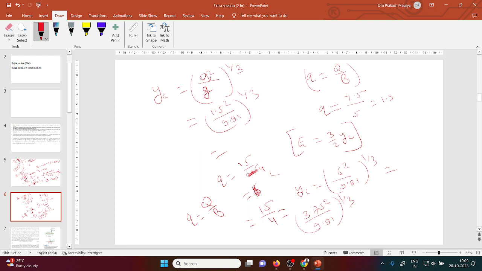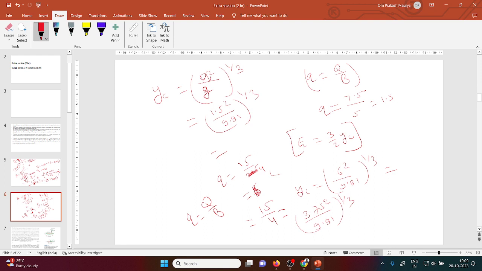So Ec is equal to yc plus q square by 2g. If you got the yc, add this q square by 2g, you have to do it. If asking about energy, then the formula is different.